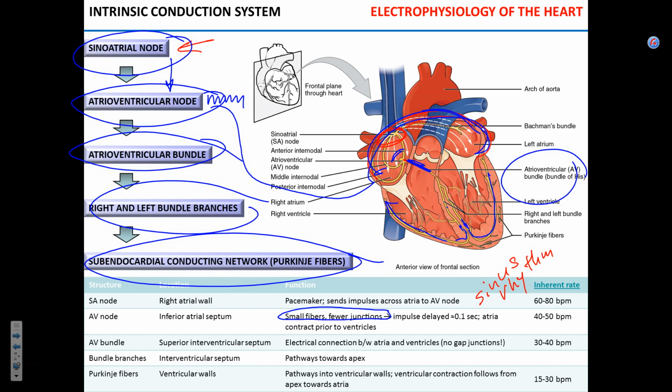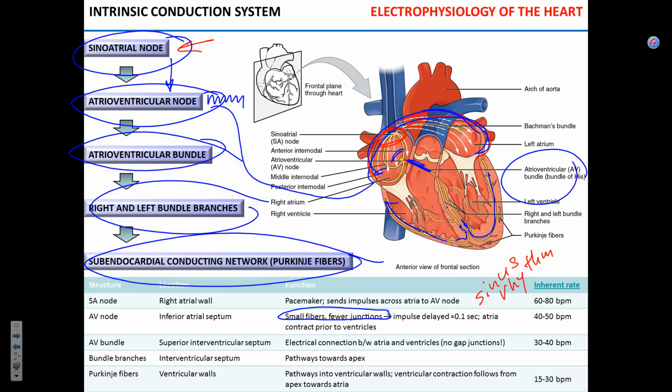You understand why? Because then you would have multiple signal pathways that would reach different parts of the ventricles, and the ventricles would not be able to contract synchronously.